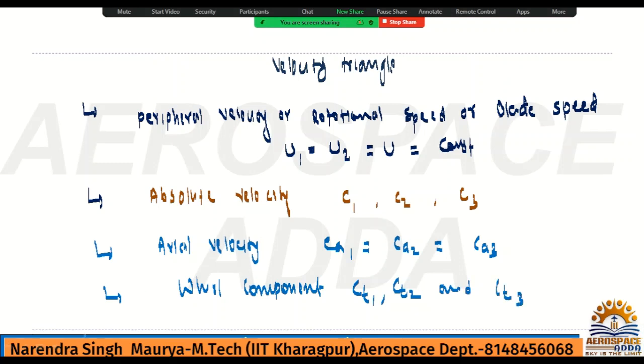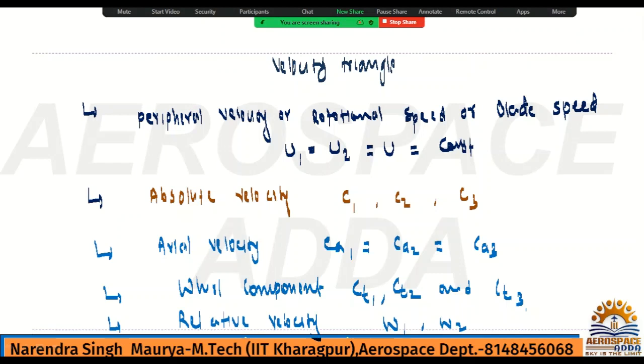Then, because we have a rotor, relative velocity will come, so it will be omega 1, omega 2, like that. These are the velocities, and now we'll have angles also.